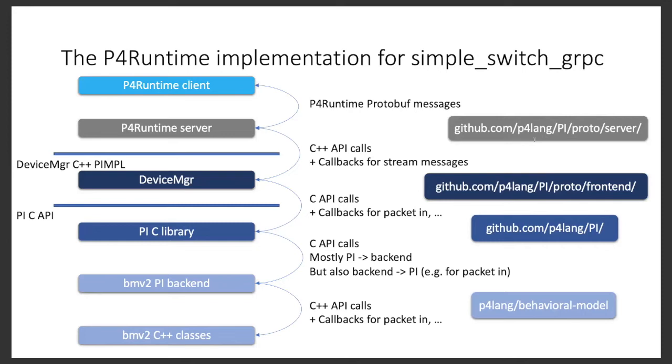So each client would receive an election ID from your consensus layer, and then advertise that election ID to the P4 Runtime server, and the server would arbitrate between those, look at the one with the highest election ID and tell it, okay, you're the leader, you can send me write RPCs, you can configure the pipeline.